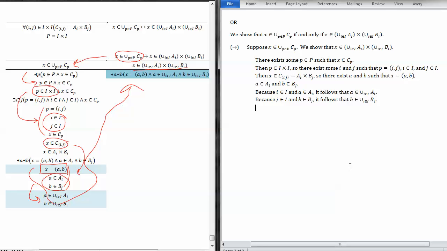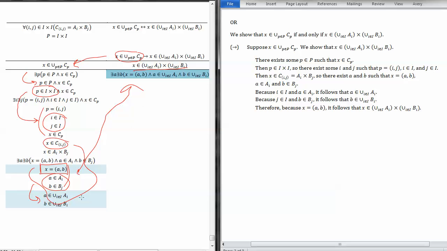So let's just summarize by saying therefore, because X equals the ordered pair AB, together with the two things we just concluded in the previous two lines, it follows that X is in this union here times the same thing with the B where the A used to be. Okay, that finishes that direction.